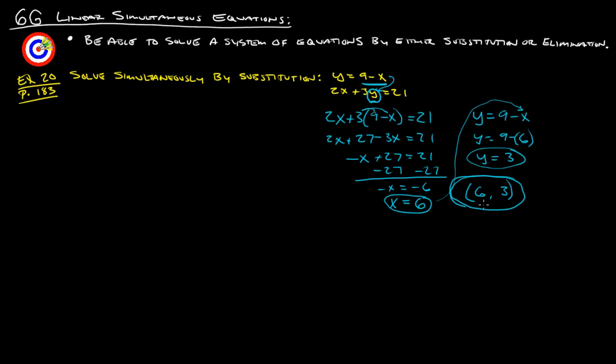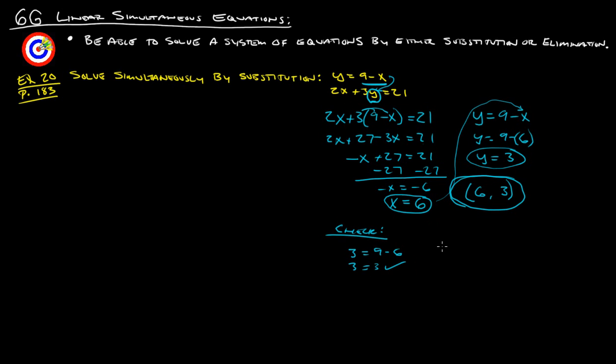Okay, and it's always wise to double check to make sure that it works. So let's plug our 6 and 3 back in. So let's do a check. So y, which is 3, should equal 9 minus 6. 3 equals 3, so that one works.